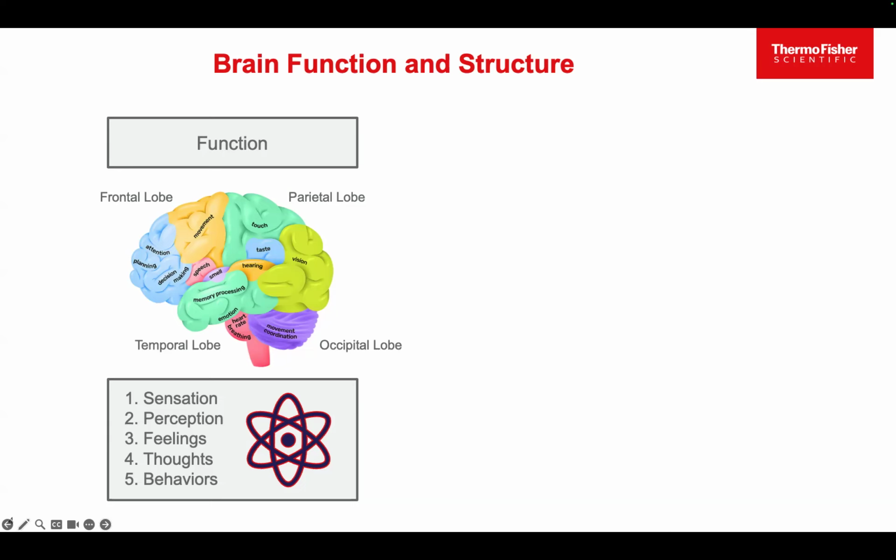And so, as I said and alluded to, what happens collectively and throughout life as we develop is these different lobes integrate, right, to help us survive and then ultimately serve as our portal for making sense of the world. And as you see down here at the bottom left, in the very most basic manner, the brain does that through five different mechanisms: sensation, perception, feelings, thoughts, and behaviors, right?